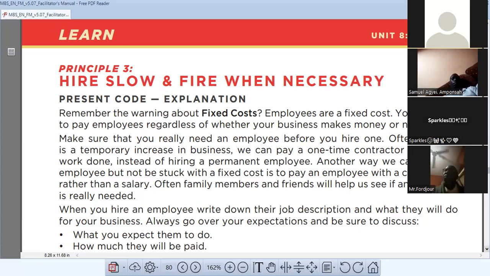Okay. So there's another way we can have an employee but not be stuck with a fixed cost, which is to pay an employee with a commission rather than a salary. Remember, we talked about the difference between a commission and a salary. A commission is a percentage of the profits that you have made, that you can either pay yourself or you can pay someone that you're working with.